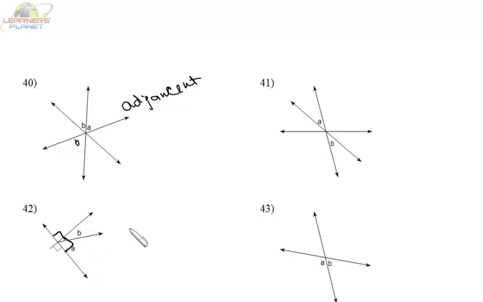Further, angle A plus angle B is 90 degree, so we call them as complementary angles also. Here A and B, they are adjacent angles, and since they are made on a straight line, so this complete angle is 180 degree, so we can call them as linear pair. So here A and B are a linear pair.